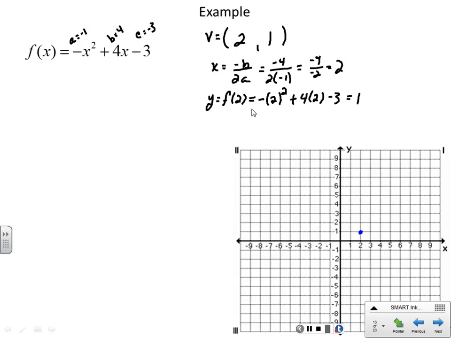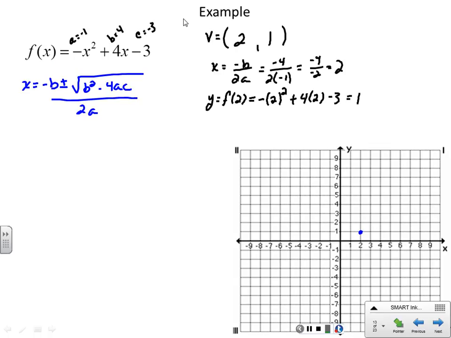Now, I think we have done a little bit of factoring in here, right? So if you wanted to factor this, you could. I would frown upon it because of that negative coefficient. But the other thing that you could do to find the intercepts is the quadratic formula, x equals the opposite of b plus or minus the square root of b squared minus 4ac all over 2a.